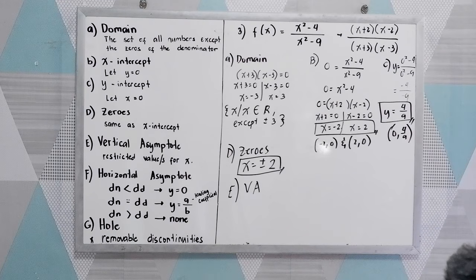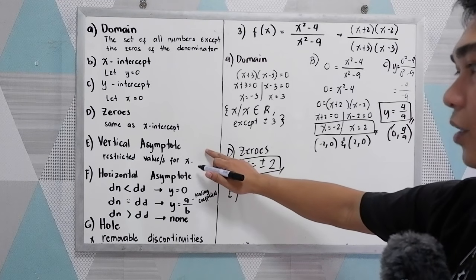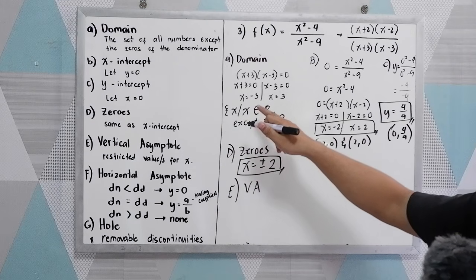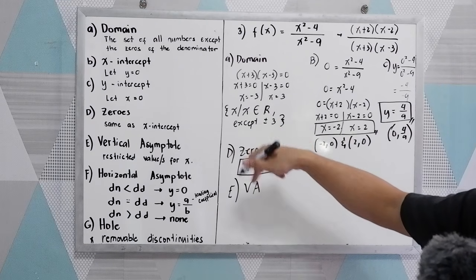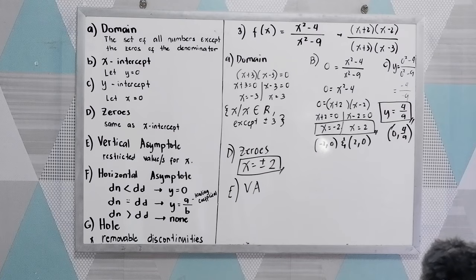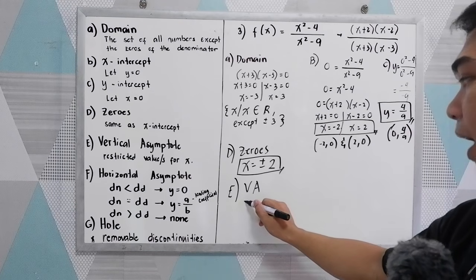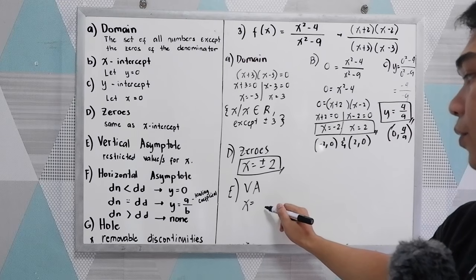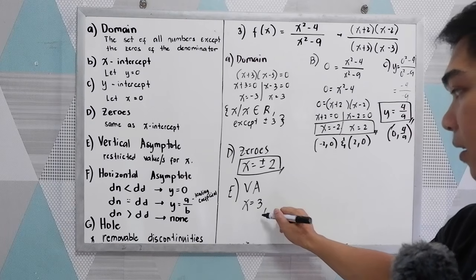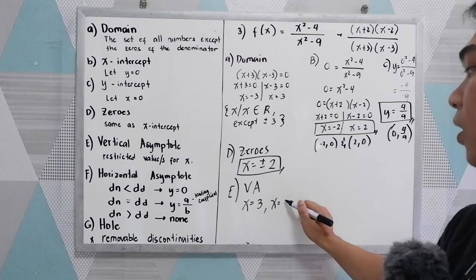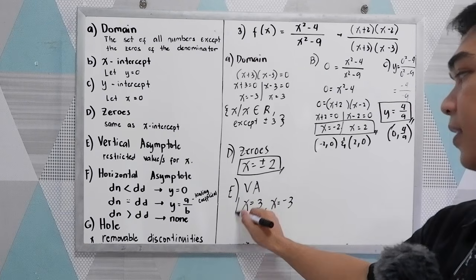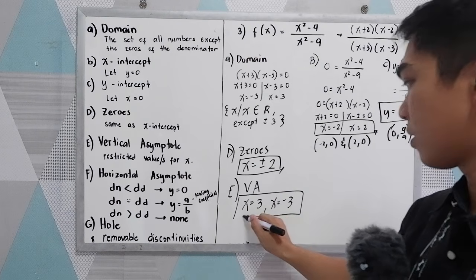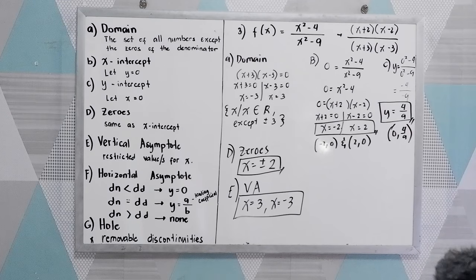For the vertical asymptote, according to our domain, our restricted values are positive and negative 3. So for the vertical asymptote, we have x is equal to positive 3 and x is equal to negative 3. Those are the vertical asymptotes.